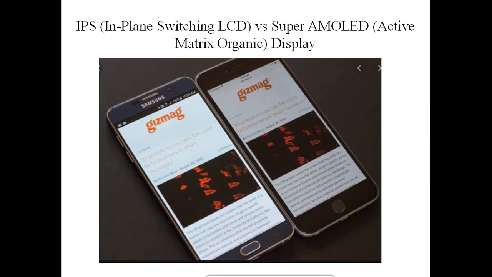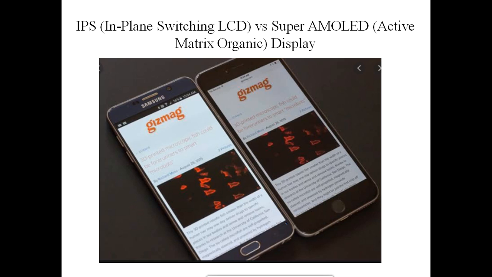Just as a matter of fact, I have placed two cell phones which use two different types of LCDs. One is the IPS and the second one is Super AMOLED. I hope all students know the difference. When it comes to brands, usually Samsung cell phones use Super AMOLED display.